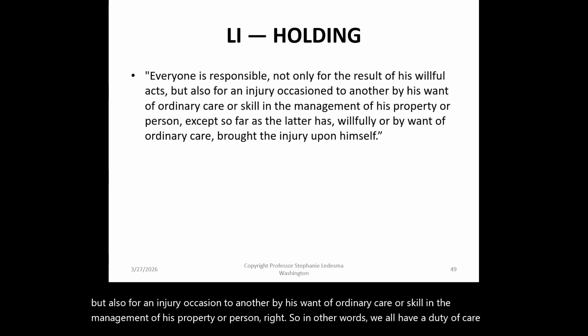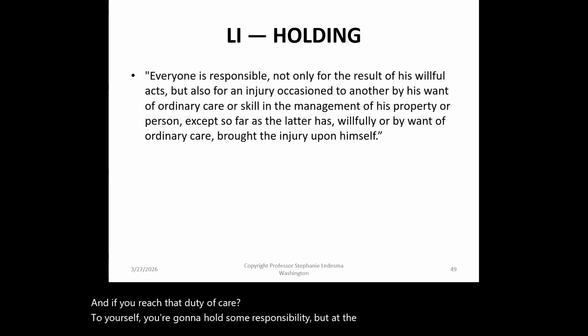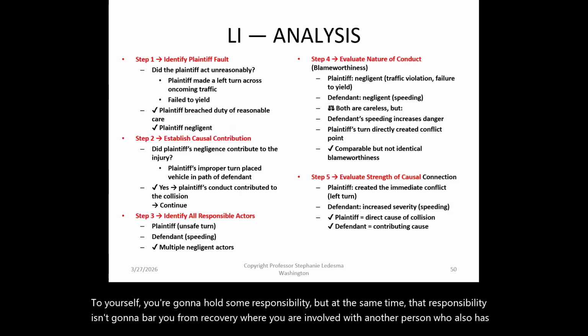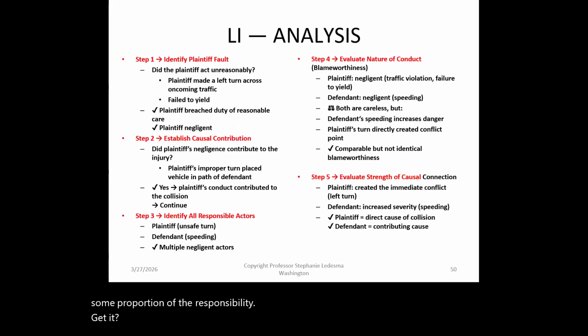And if you breach that duty of care to yourself, you're going to hold some responsibility. But at the same time, that responsibility isn't going to bar you from recovery where you are involved with another person who also has some proportion of the responsibility. Get it? Why do we like Lee?